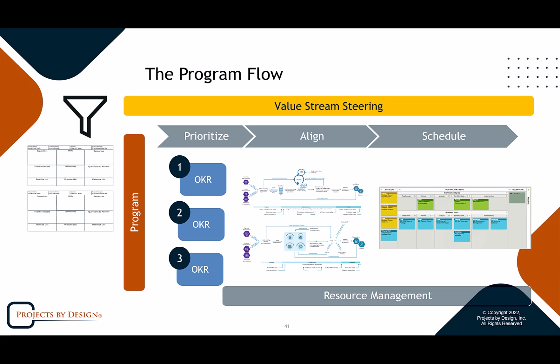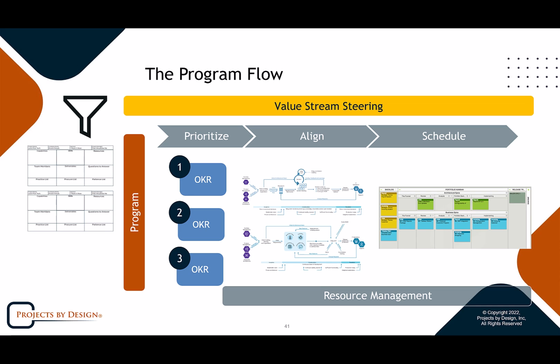Then we align them to the patterns and help the teams organize the work within those patterns and then schedule it on a program Kanban, which shows your roadmap for release. Now, I'm going to spend the better part of today, and probably a good portion of tomorrow, working our way through this picture.